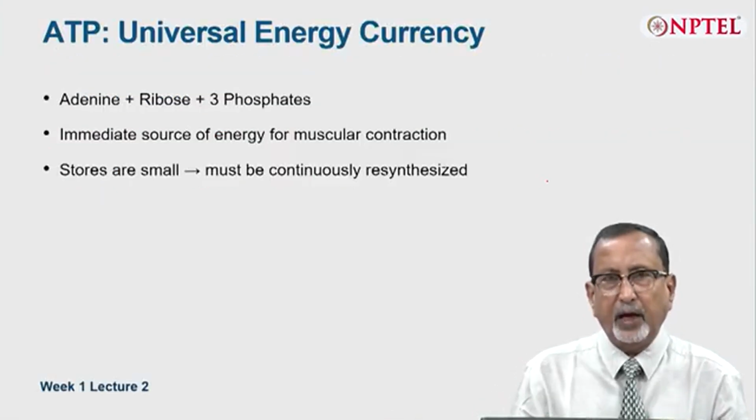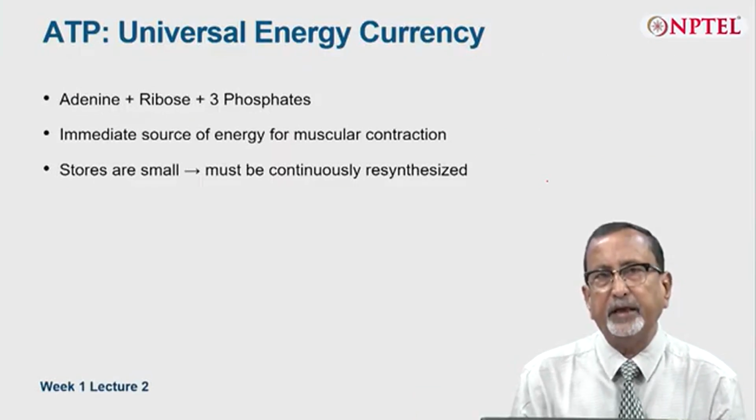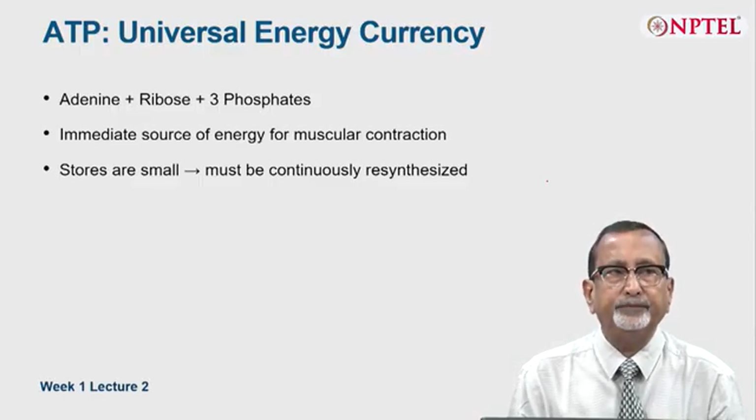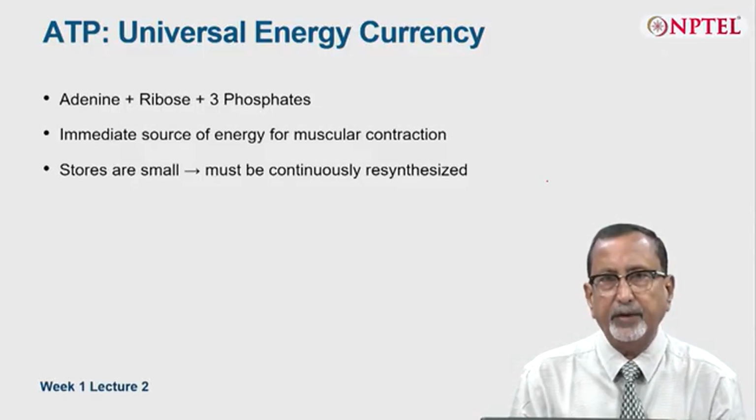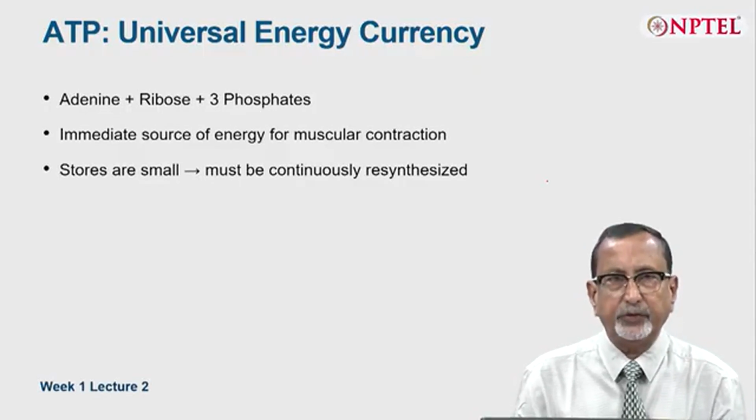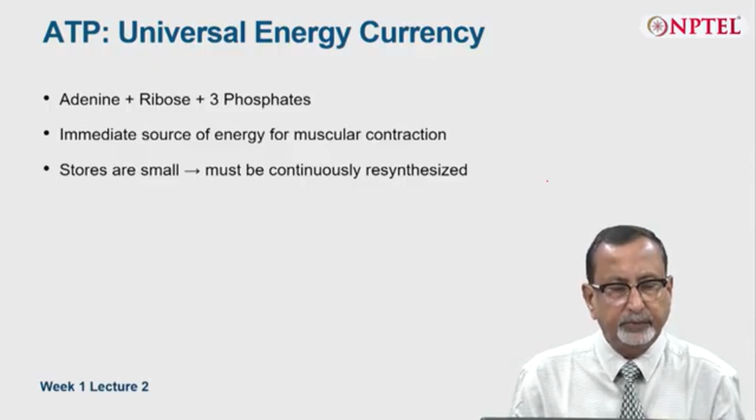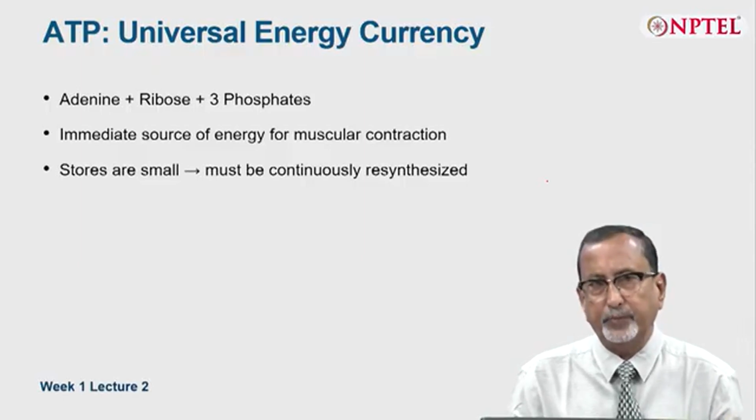So, how does ATP look? There is adenine, adenosine. Adenosine is attached with a ribose, which is a 5 carbon sugar, and 3 phosphates are attached to the ribose. Adenine comes from the nucleotide pool.